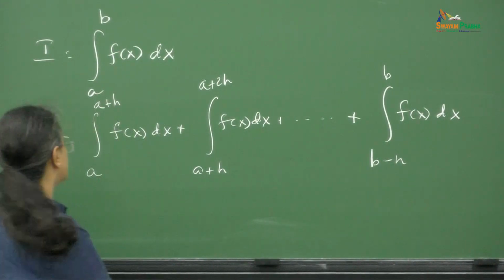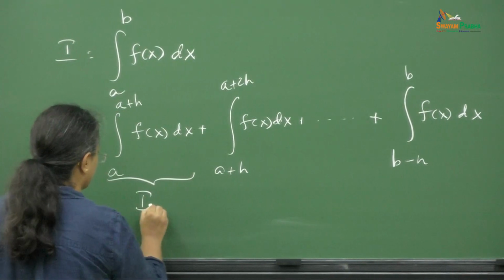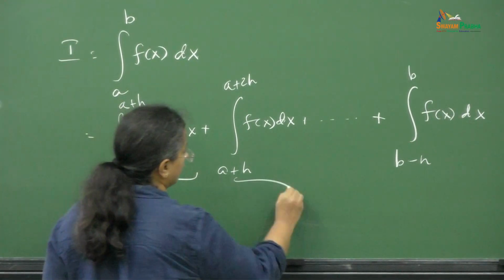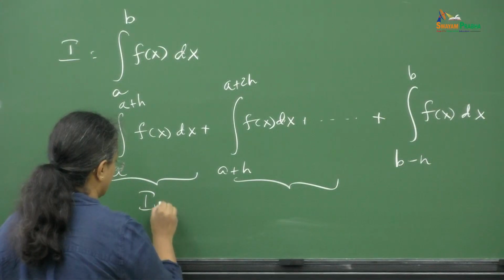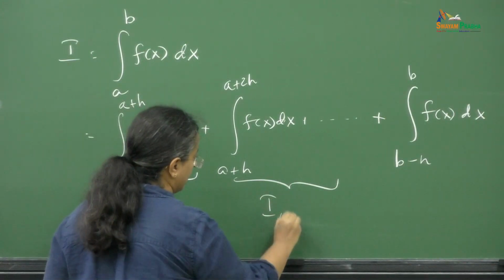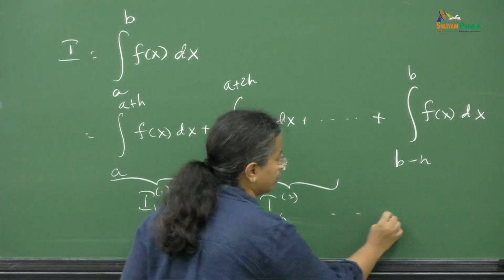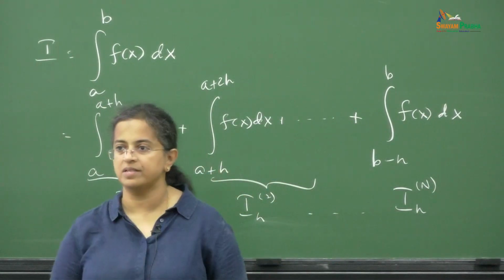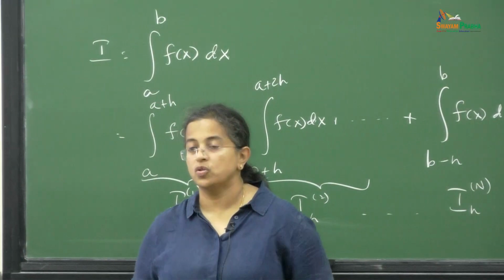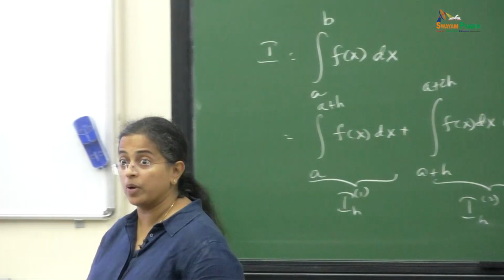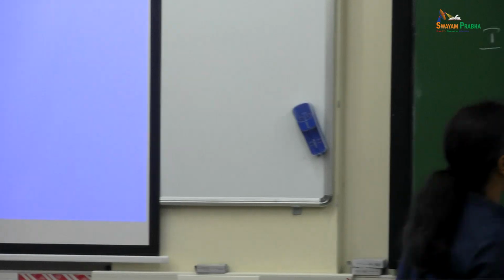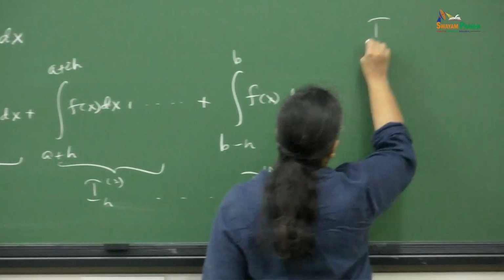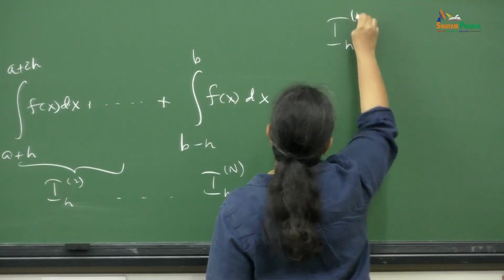I am going to call each of these pieces IH1, IH2, and so on, and this is IHN. So you add all these pieces, you should get the answer. Once we fix an approximation for one piece, we fix it for all pieces.